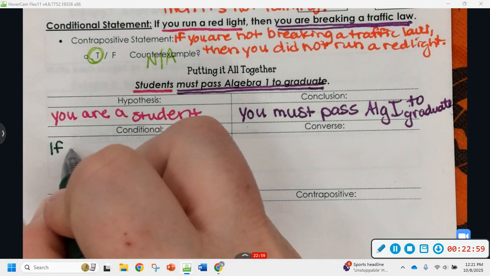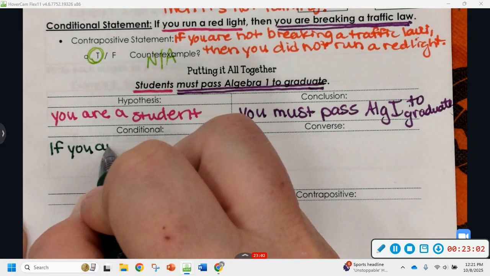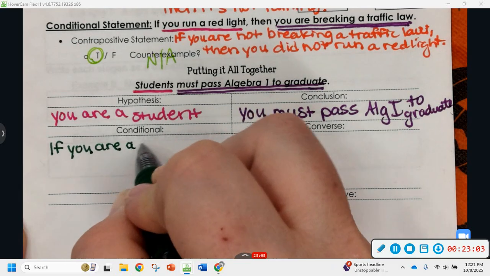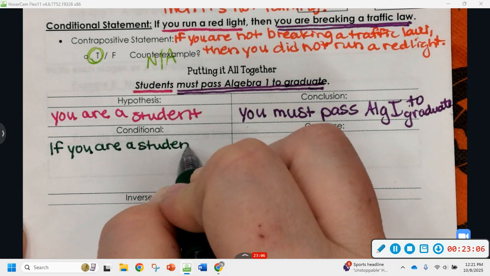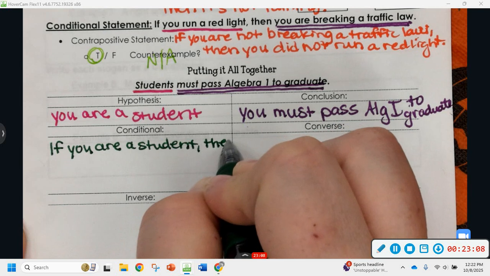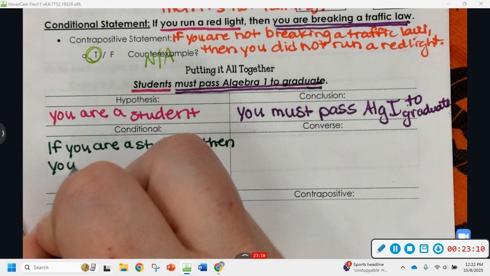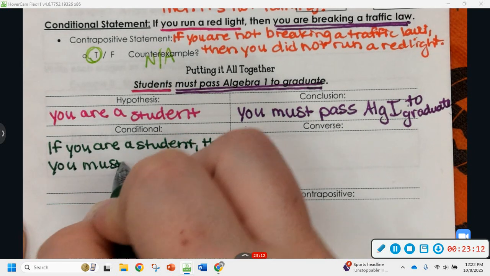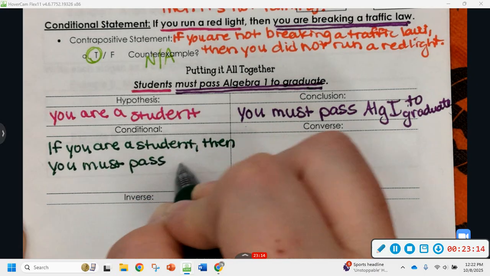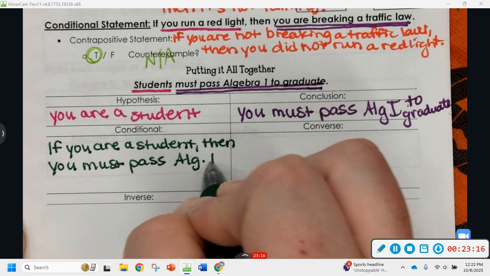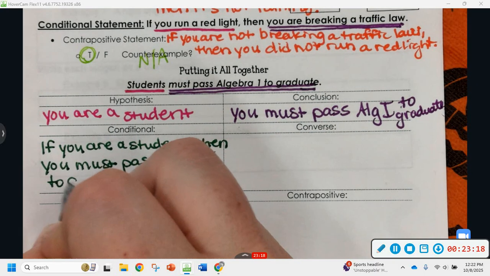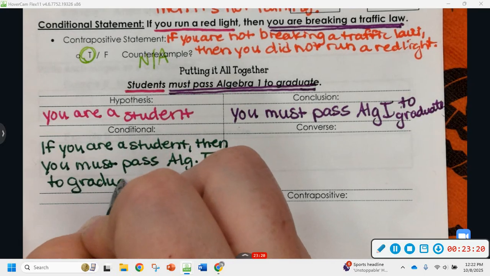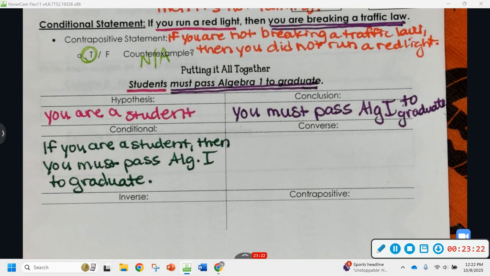So I want to put these together and make a conditional statement. So I would say if you are a student, then you must pass Algebra 1 to graduate. Now this part's important.